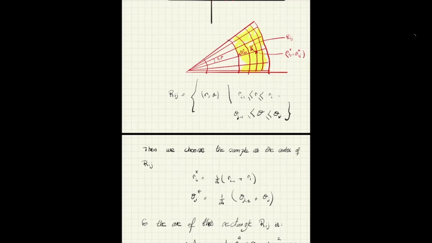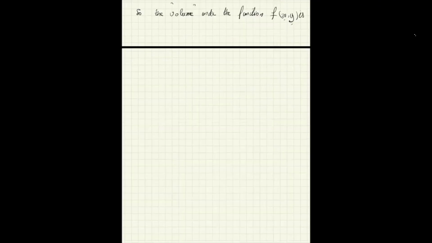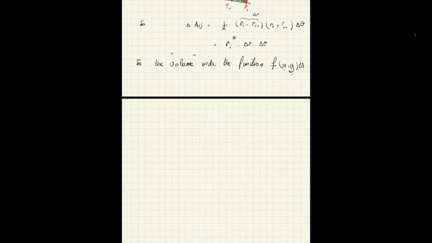I know it's a bit faster, but okay. So here we're parameterizing everything by r and theta, so you have to substitute everything. So once again, you have to sum over all the rectangles. If you choose the middle point, you have to find the image of that middle point.